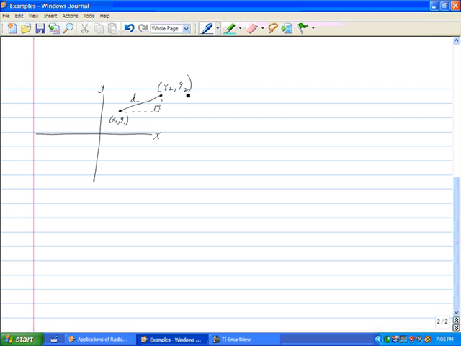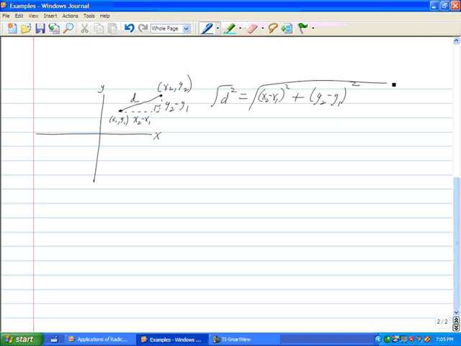Now, when you study slope, you learn how to find the lengths of these sides. The length of this bottom side, for example, is x2 minus x1. The length of this side, since it runs in the y direction, is y2 minus y1. Using the Pythagorean theorem again, we see that distance squared is equal to the (x2 minus x1) squared plus the (y2 minus y1) squared.